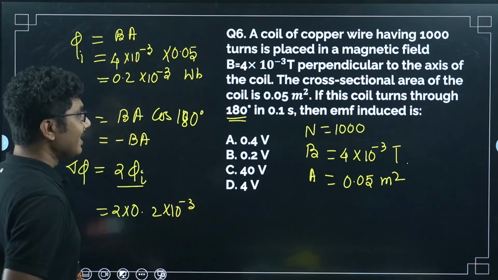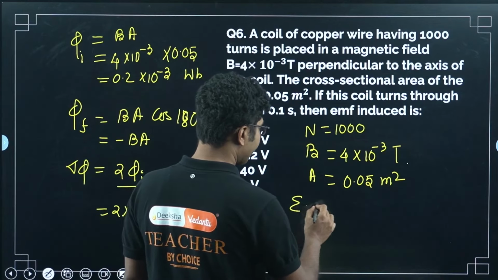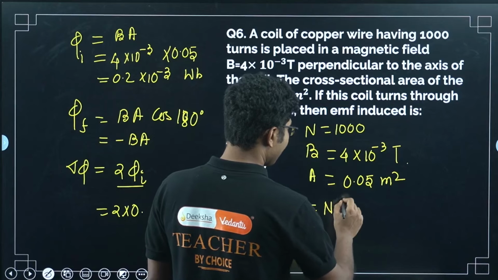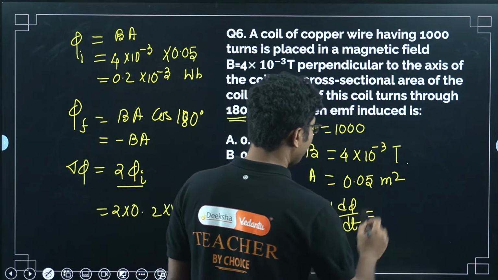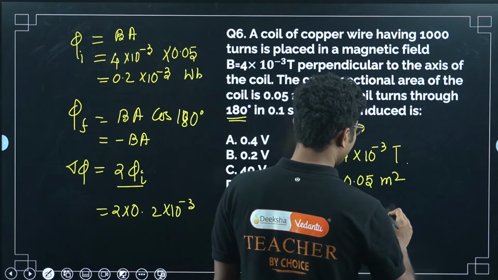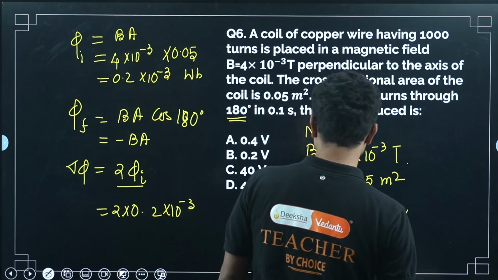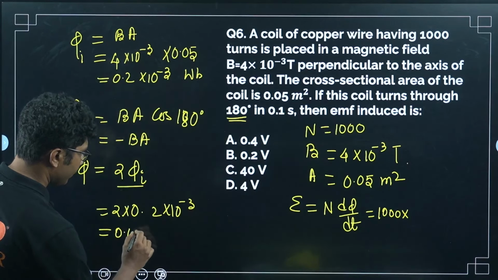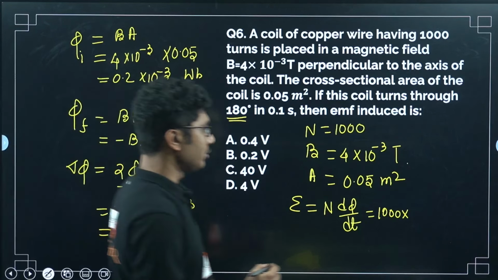Now what is the induced EMF? The induced EMF is given by epsilon equal to n times d phi by dt. We are only considering the magnitude, so the sign we are not considering here. So n is 1000, d phi we have calculated is 0.4 times 10 to the power of minus 3, 2 times 0.2, so 0.4.